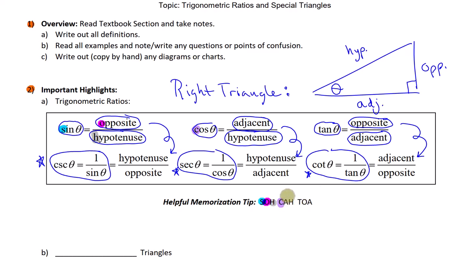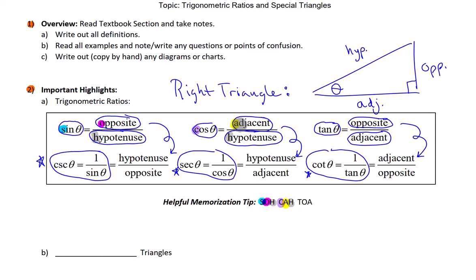I'll pick a yellow color for A, representing adjacent. So the first letter in the word adjacent is A. I've highlighted that yellow so we can recognize that's where the A comes from. And then hypotenuse is also part of this one, but we've already used a light gray for that highlight, so I'll just simply reuse that. Gray for H. So we have ka, C-A-H, represented by cosine equals adjacent over hypotenuse.